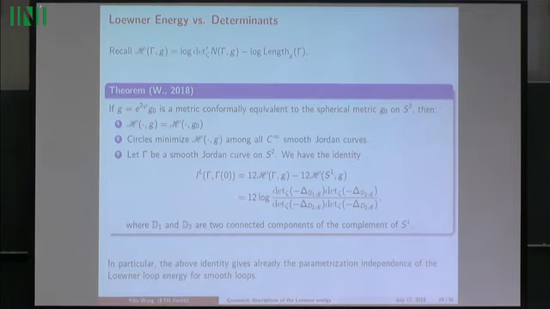They are conformally invariant. I won't say more about it. And the second point is an immediate consequence of this, because it is a Dirichlet energy, which is positive, and therefore circles minimize this functional H. So I will be focusing on the last identity.